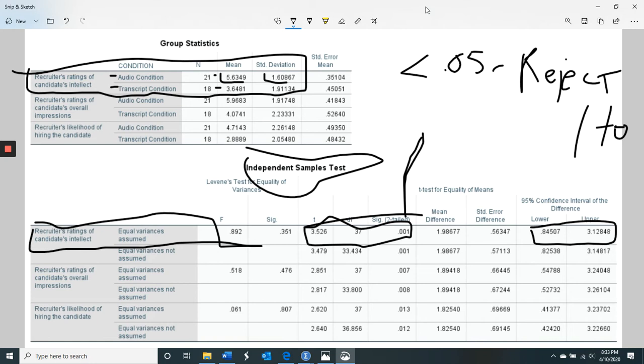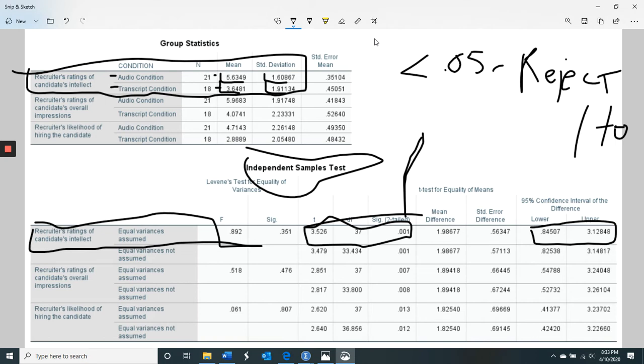So recruiters rated candidates' intellect higher if they heard the audio condition, versus the transcript condition (mean equals 3.65, standard deviation equals 1.91).